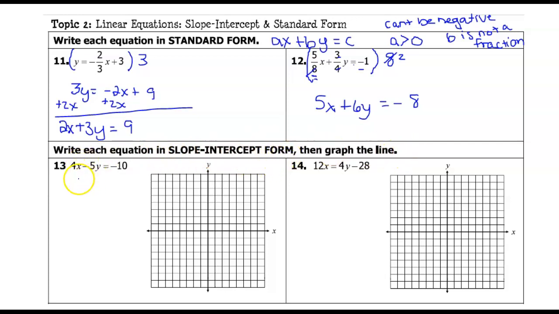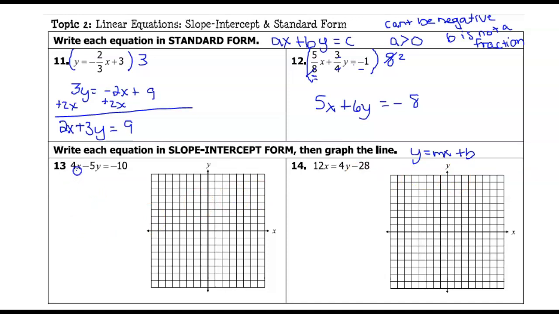Okay. So, let's look at this. I am going to turn this into slope-intercept form, and I need to recall what that is. Remember, slope-intercept form is y equals mx plus b. So I need to get both of these in the y equals mx plus b form. All right.